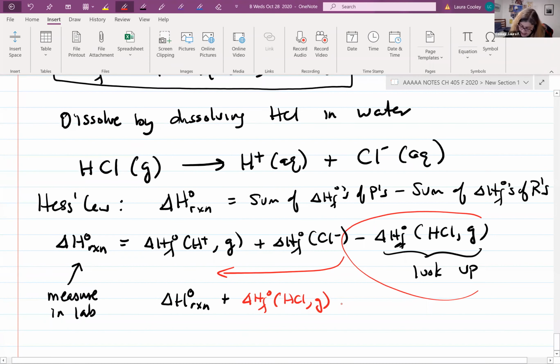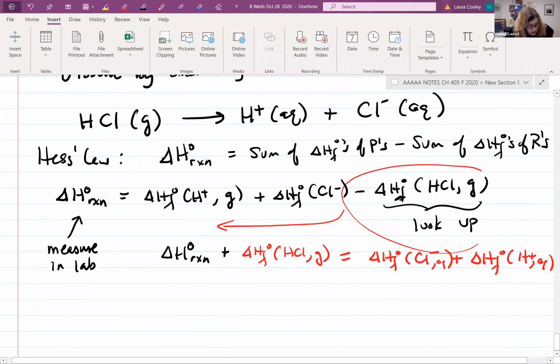Yeah. And that would be delta HF0 of Cl minus plus delta HF0 of H plus. All right, and just giving you what these numbers are, this is negative 74.85 kilojoules per mole. This guy here is negative 92.31.